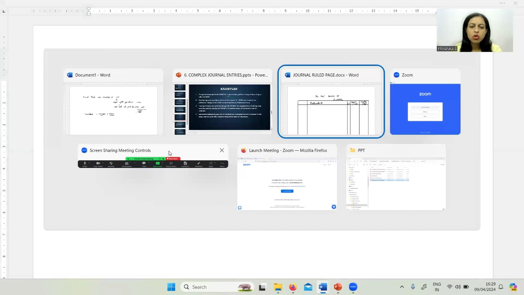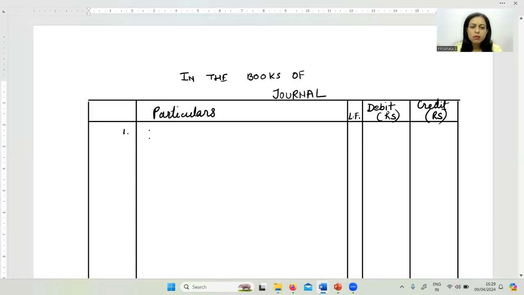So in the journal, this first transaction will be written as furniture account debit. Now remember, furniture is real account. Real account rule says debit what comes in, credit what goes out. So total amount of furniture 1 lakh 5,000. This is the value of furniture being brought into the business. And to cash account. Why are we taking cash account? Because it is clearly mentioned that you paid for the furniture purchase in cash.